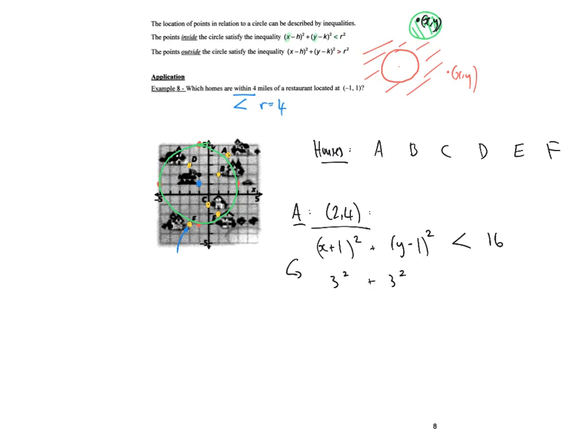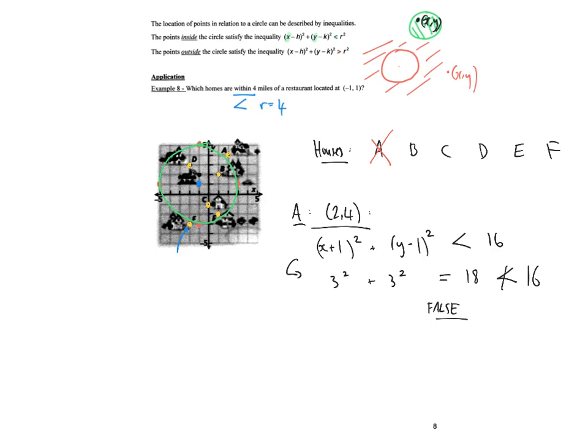That equals 9 plus 9, that is 18, and that is not less than 16. So the inequality is not satisfied. So A, as the picture pretty strongly suggested, but we've now backed it up with the math, A is not inside the circle, it's not within 4 miles of the restaurant.